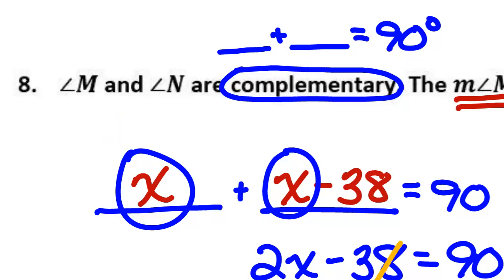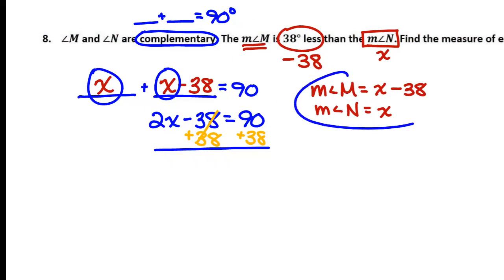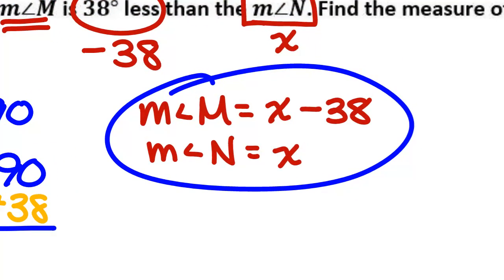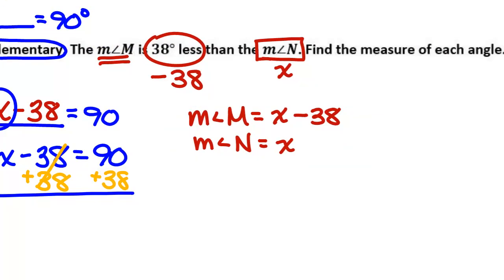Are you talking about over here? Yeah. You move the 38 in front of the X and then add the X. No. It says less than, so it has to be a minus, and it has to come afterwards.